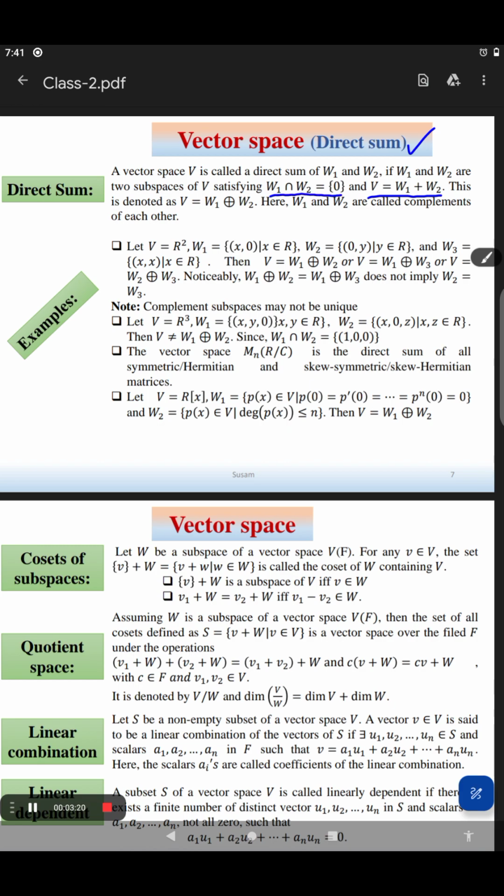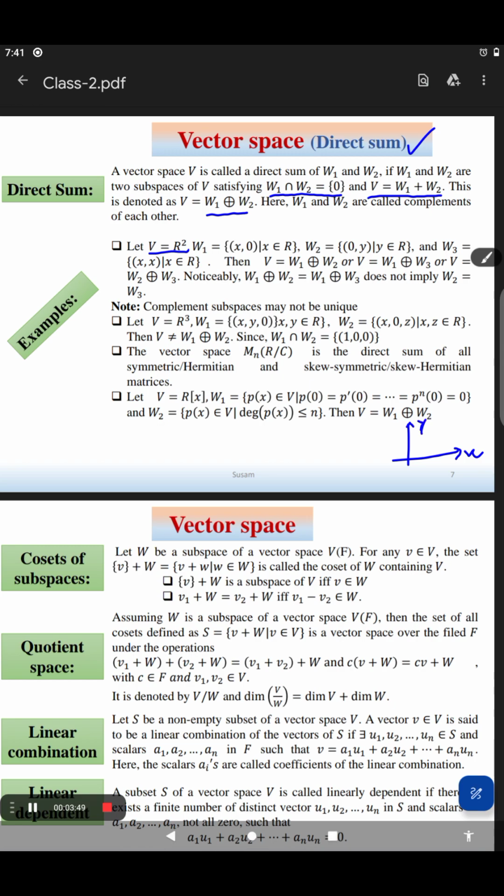In that case, this is called the direct sum of W1 and W2, and it is denoted by a plus with a circle, when they are disjoint and their summation represents the complete space V. As an example, suppose V is the xy plane.